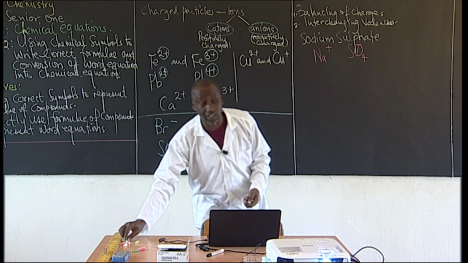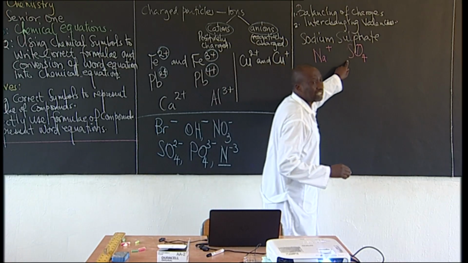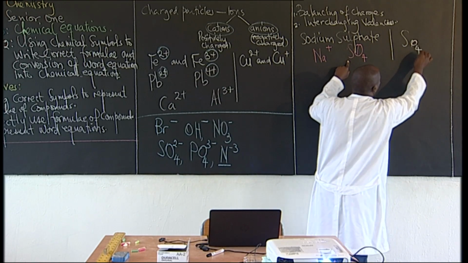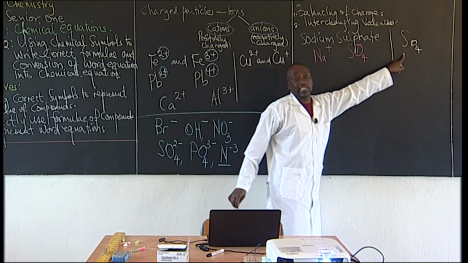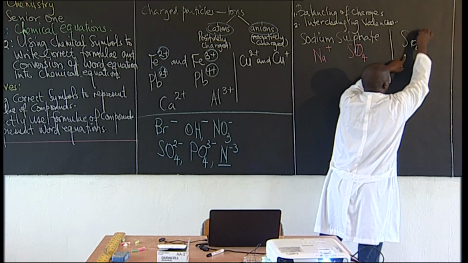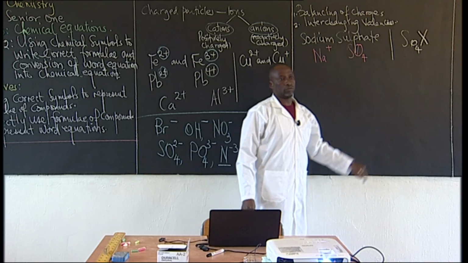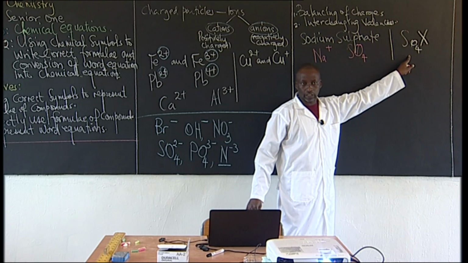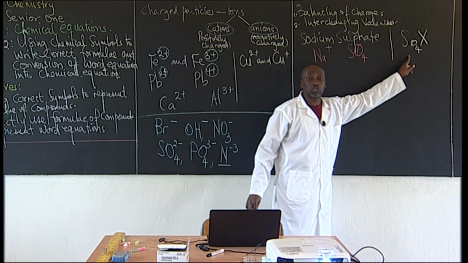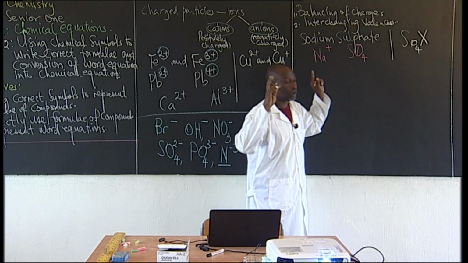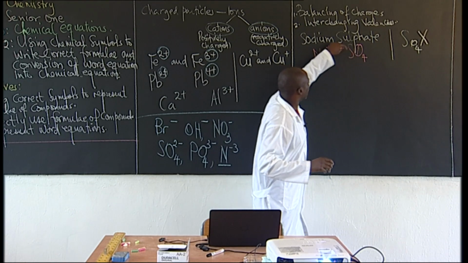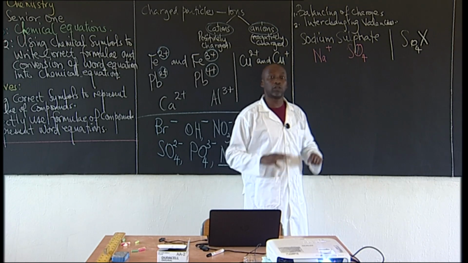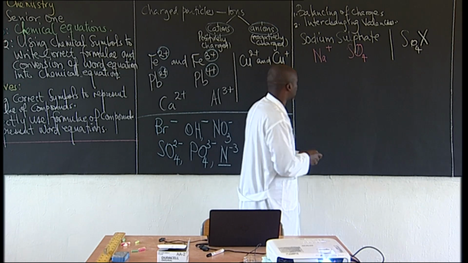I just want to emphasize this. Don't write the sulfate in this form. Some of you write it like this. When you write it like this, please, this one is not accepted at all. Don't do this when you are representing, because we said correct formula. The correct formula must have the sulfur and oxygen, at least by approximation, of equal size.